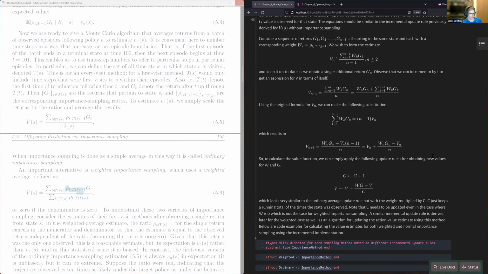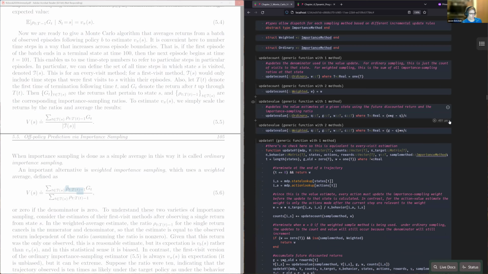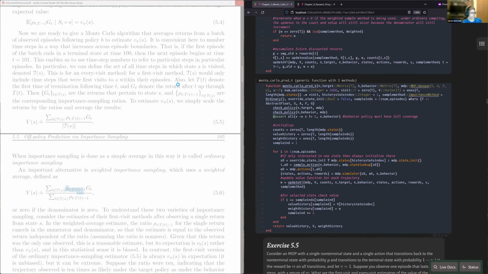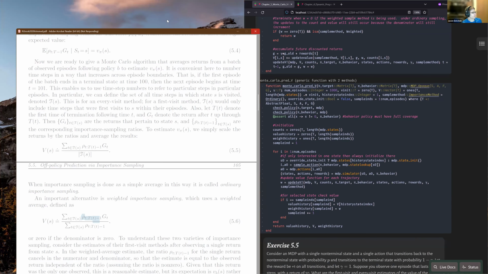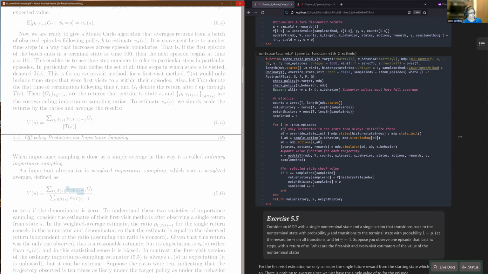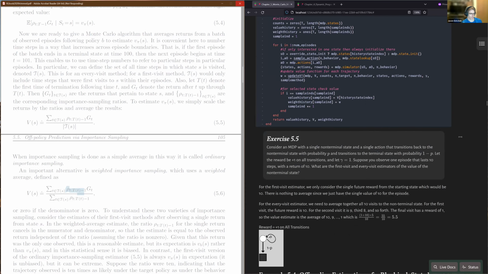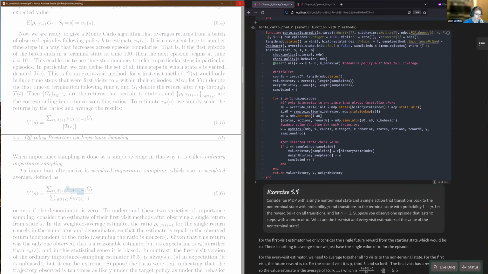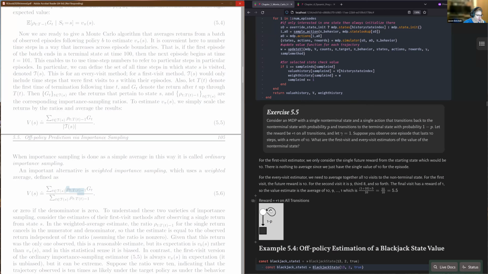Now we should look at the exercise that deals with importance sampling. They don't show it in the book, but this is a diagram of the MDP that we're talking about.